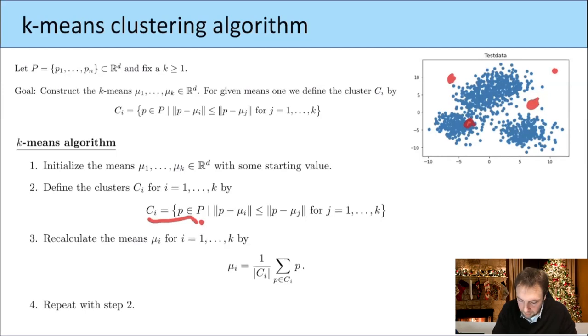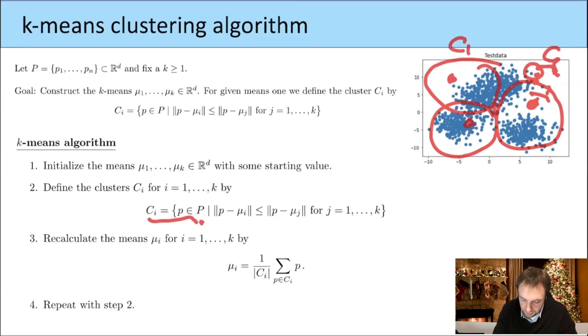So for example, maybe this would get this cluster. Maybe this point here doesn't get a lot. Maybe this one gets something here and something like this. So we might have a really small cluster. See here for this mu, let's say C1, C2, C3, C4. So this will give clusters.